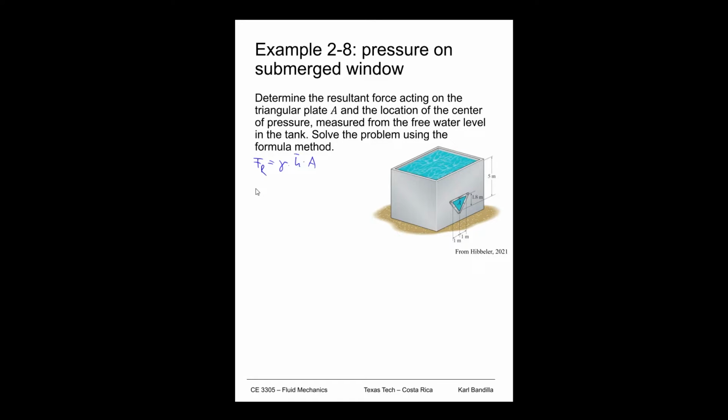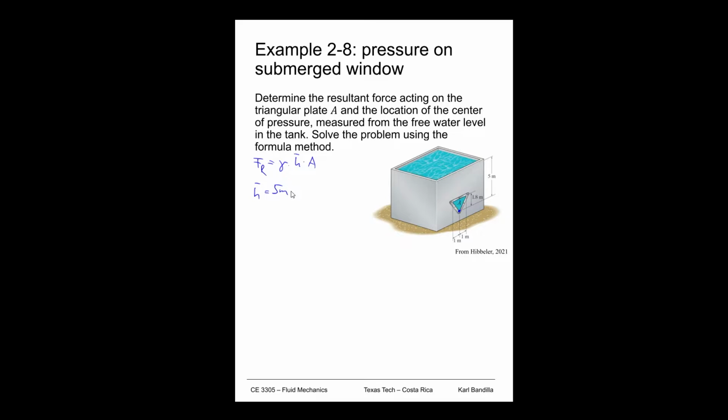So we can say our h bar is going to be, well, we're not given what the top is, we're given what the bottom is. So we can say that'd be 5 meters, down here. So that still means we have to go 2/3 up.